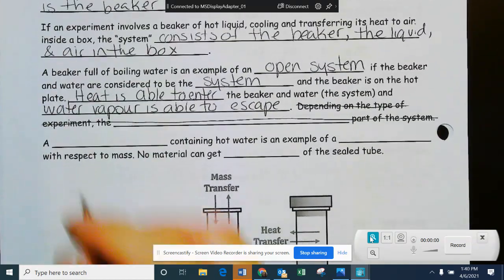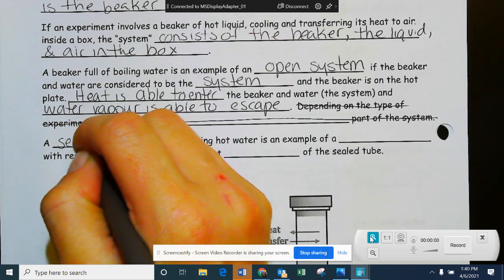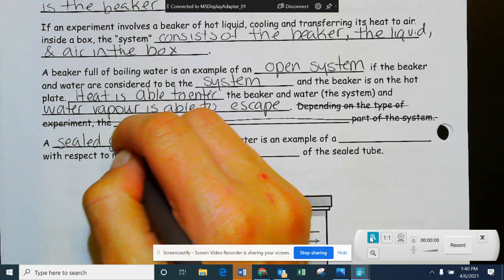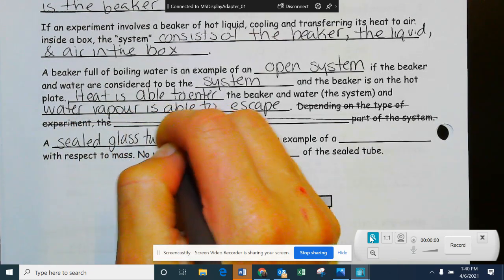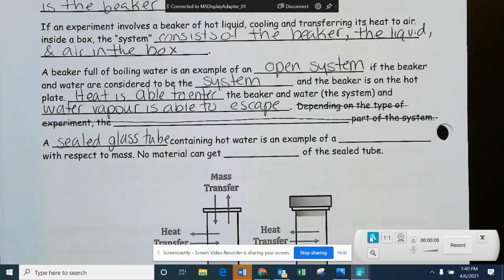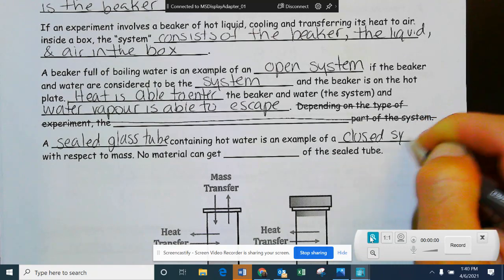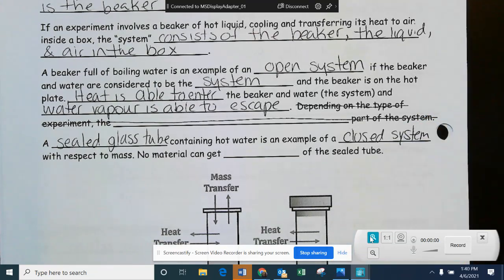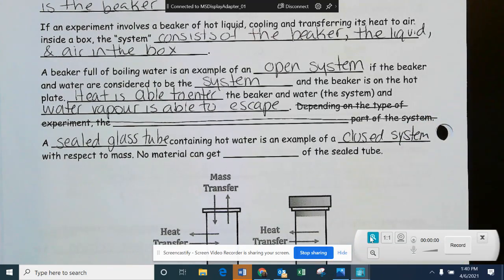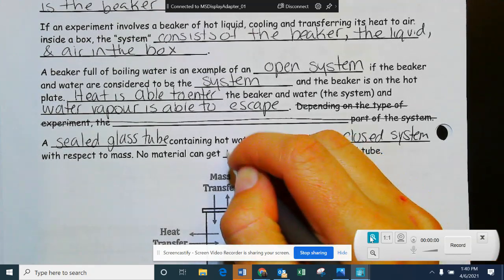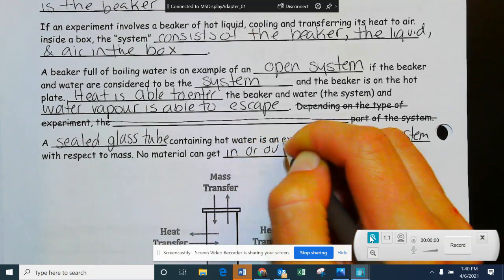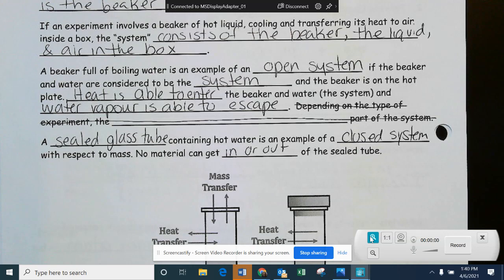A sealed glass tube, however, that contains hot water is an example of a closed system with respect to mass. So no matter, no material can get in or out of the sealed tube. So closed system, specifically matter can't get in and out.